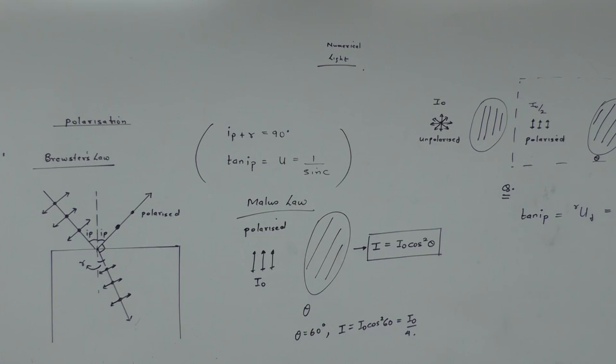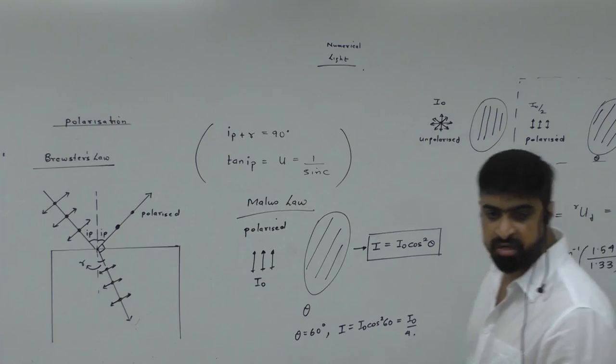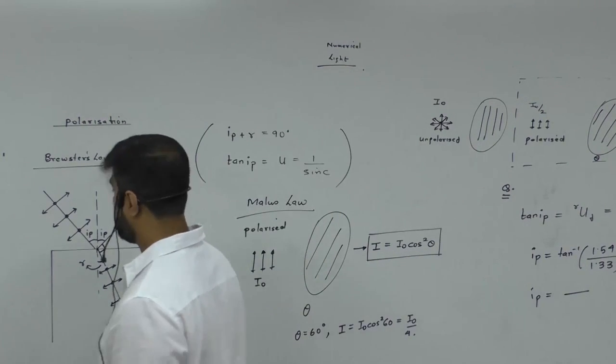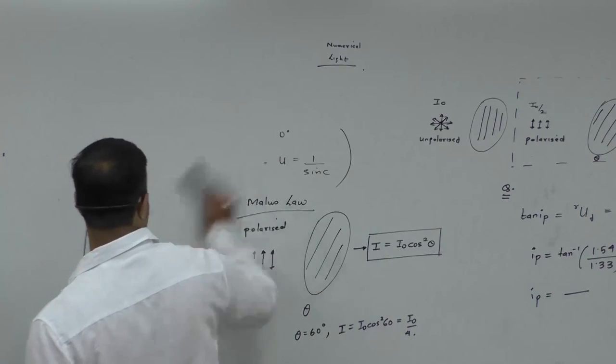Mu d is denser, and denser is always bigger. Which number is bigger? 1.54. And mu r, the rarer, is smaller: 1.33. Calculate this. What do you have to find? Tan inverse of 1.54 by 1.33 will be the polarizing angle which you get. Simple, right? The mu of the denser medium is always bigger.